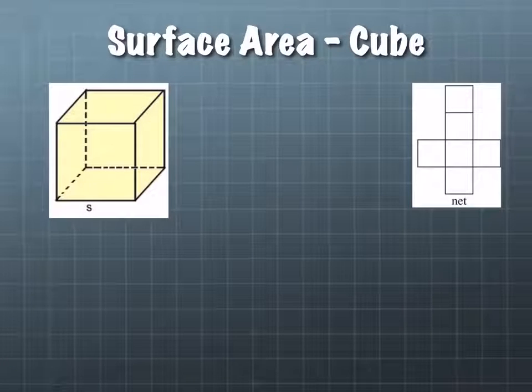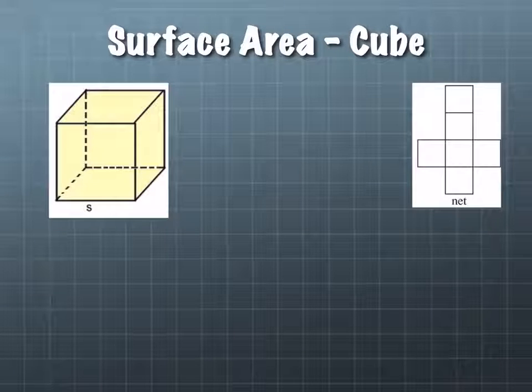The net is the two-dimensional figure if you take the three-dimensional piece and break it down into a two-dimensional space. Sometimes it's easier to take the net and imagine how you would fold it back together to get back to the original shape. Can you picture doing that from the net to the three-dimensional object?